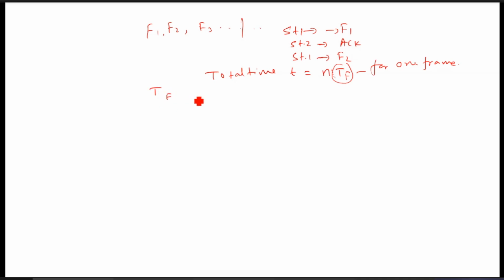We have seen it in the last class. TF for transmitting 1 frame is T propagation, plus T frame, the frame transmission time, plus some processing time T processing, plus another T propagation for the acknowledgement, and also the acknowledgement transmission time T ACK, plus some processing time for further steps, right?